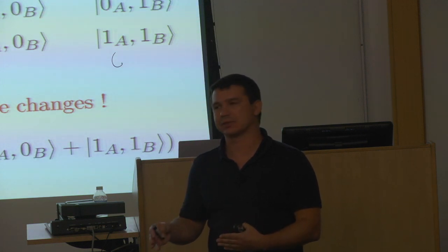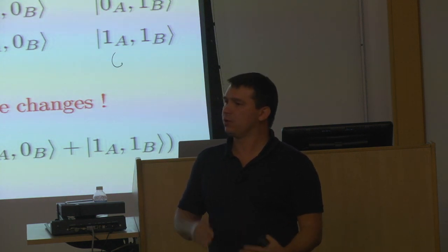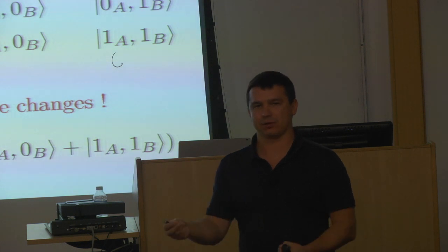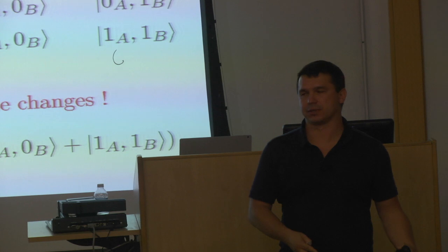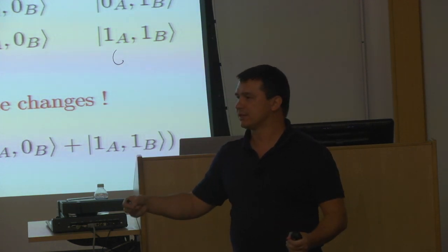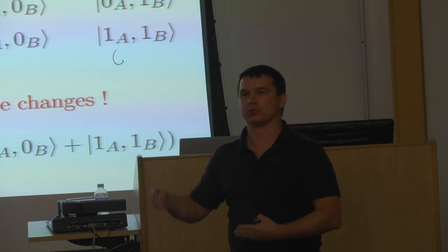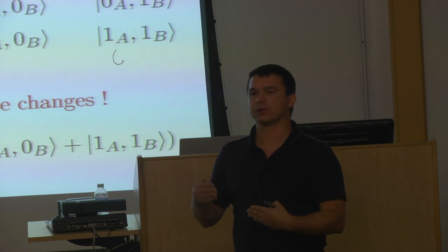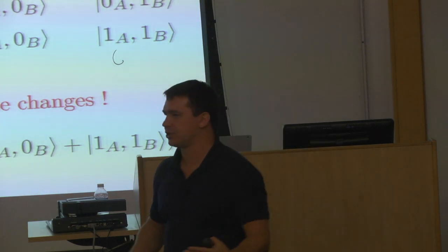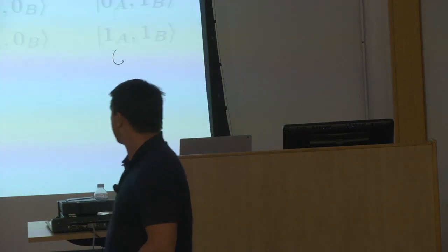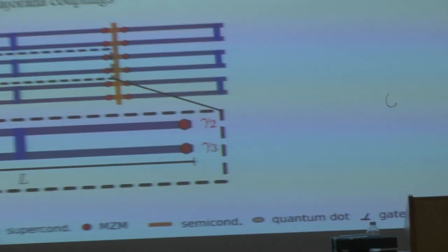So we do measurements, but these measurements are equivalent to exchanging things around. Okay? So this is so-called measurement-based quantum computation. Rather than moving things around, we can do measurements, but at the end of the day, a sequence of measurements will be equivalent to moving or exchanging these Majoranas. Okay, so what is the idea?